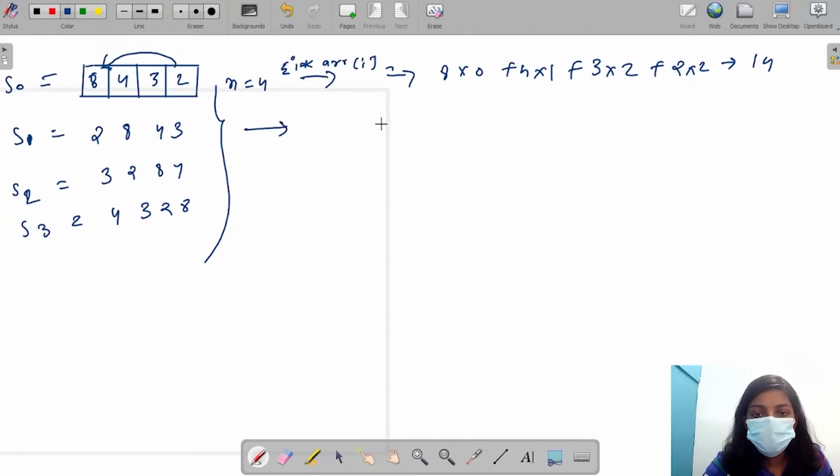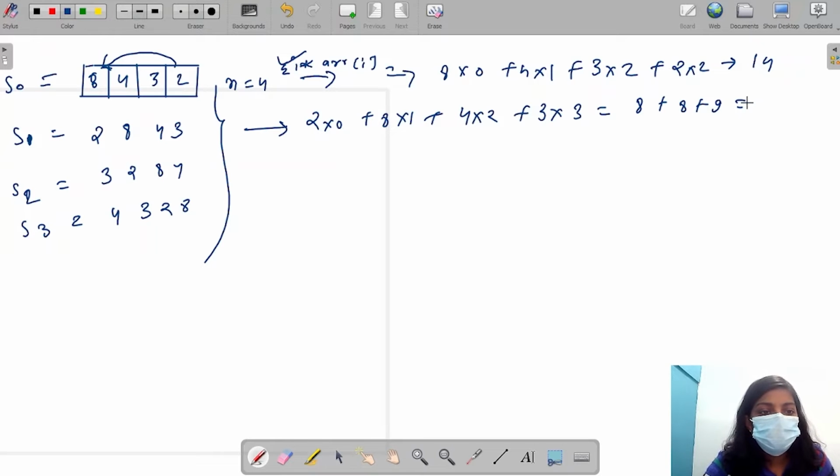Now for this, what will be the value of this summation? It will be 2 into 0 plus 8 into 1 plus 4 into 2 plus 3 into 3, right? So it will be equal to 8 plus 8 plus 9, which is equal to 25.